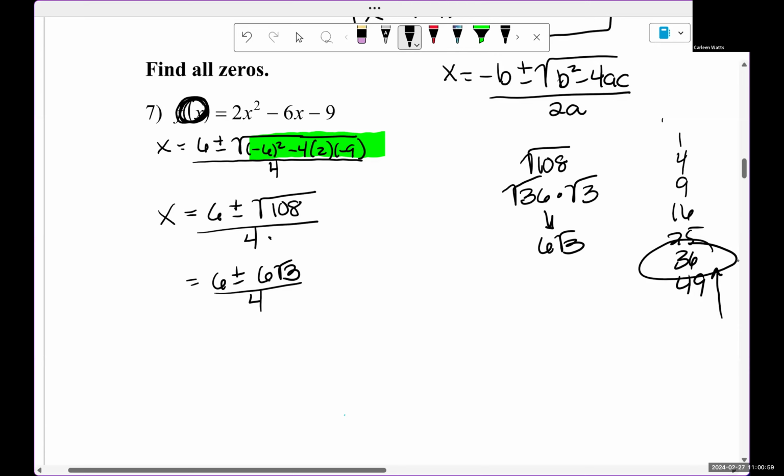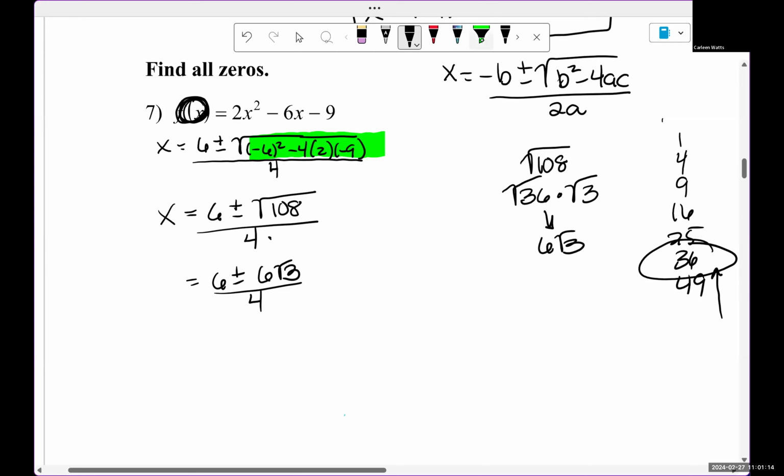I hate that part. I just want to be done right here. It really bugs me to have to simplify one more tiny little step, but we do.